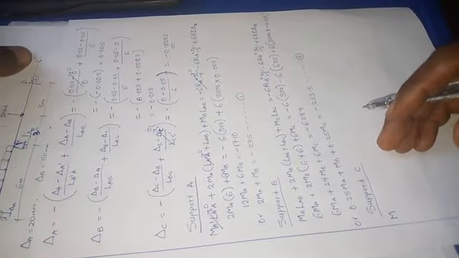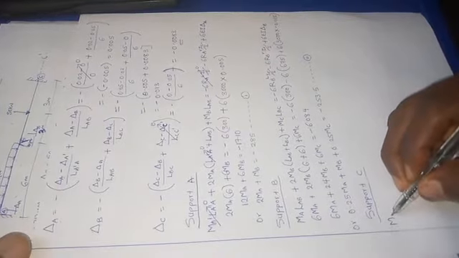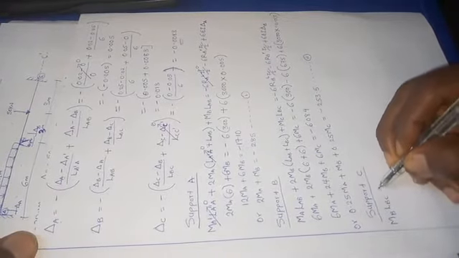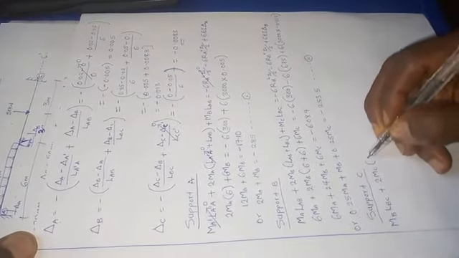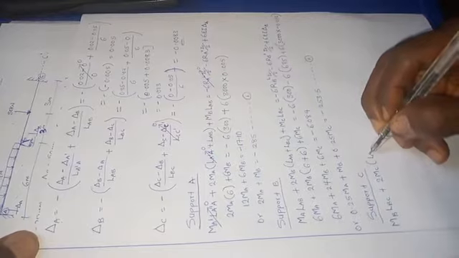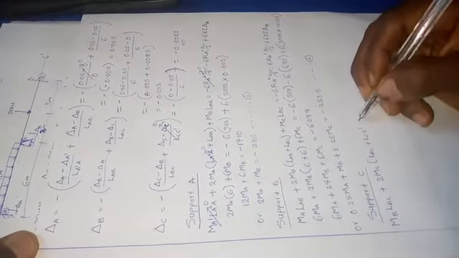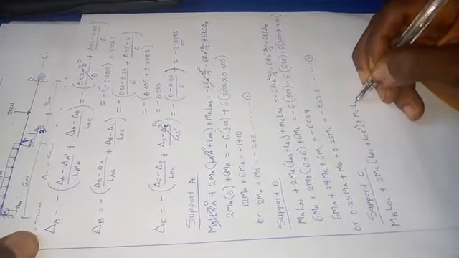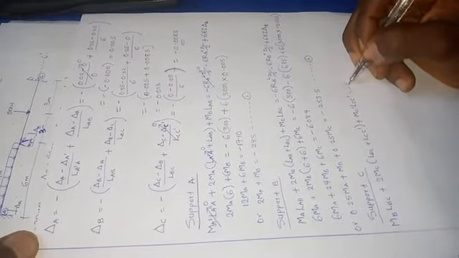To generate my formula here, I'll have the moment at B multiplied by the length of B to C, plus 2 times the moment at C multiplied by the length of BC plus the length of C and C prime, then plus the moment at C prime times the length of C to C prime, which should be equal to minus 6.